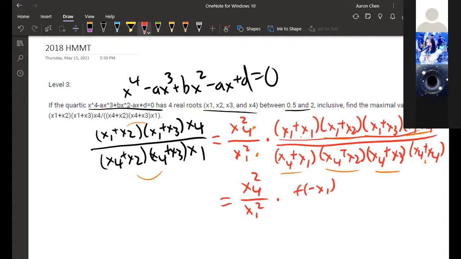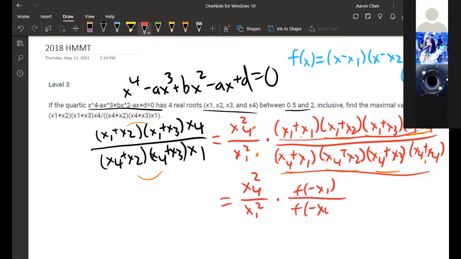And that's because the value of f of x is just equal to (x minus x1)(x minus x2)(x minus x3)(x minus x4). And now the denominator here is just equal to f of negative x4 using the same logic.